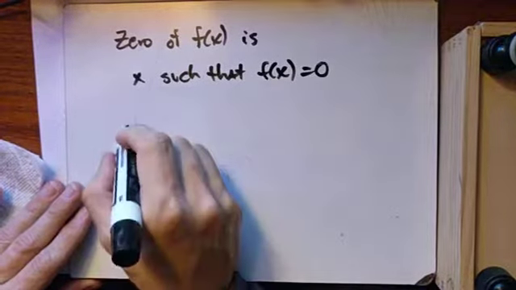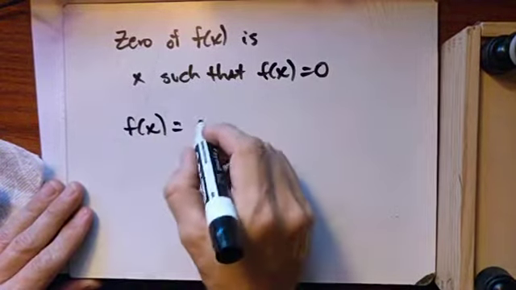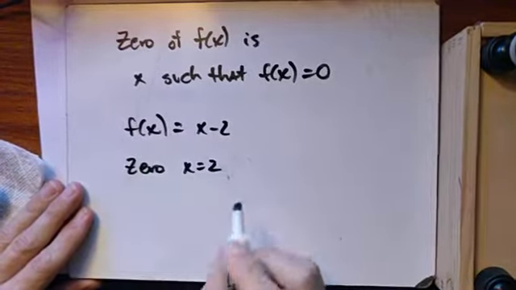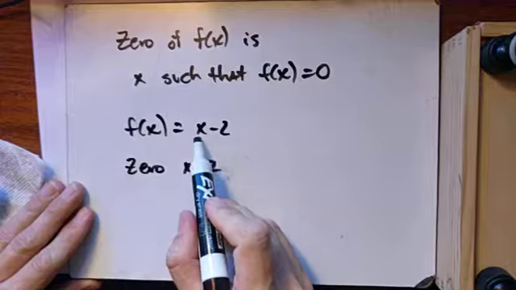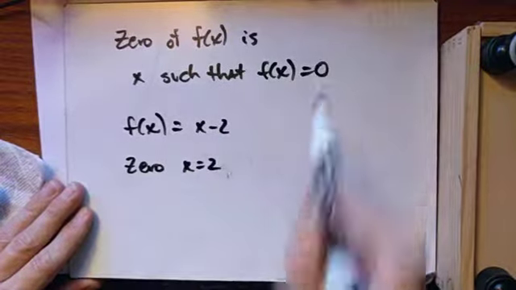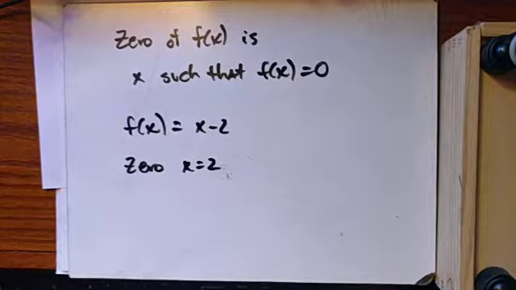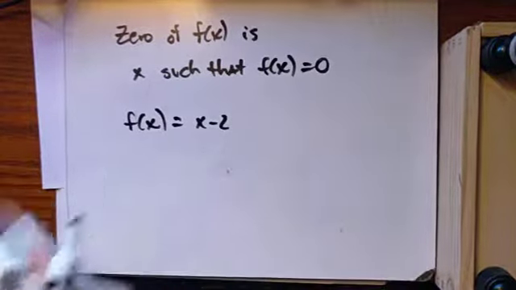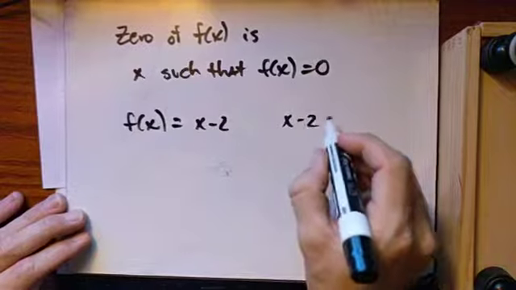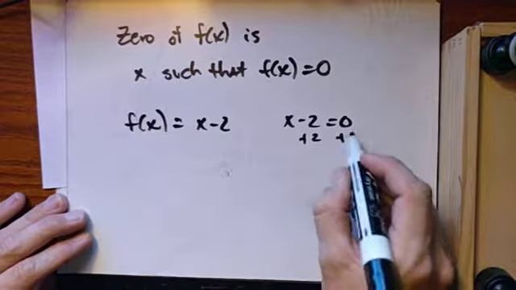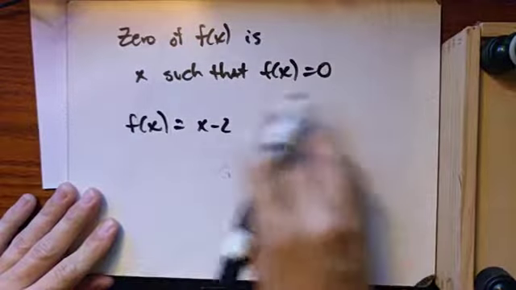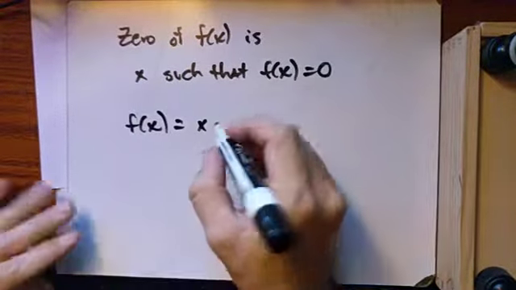So for example, if f of x is x minus 2, a 0 would be x equals 2, because 2, when plugged in, gives me 2 minus 2, which is 0, right? So it's pretty easy for linear functions to find that out. What you do is you say x minus 2 equals 0, and you add 2 to both sides, and that's pretty simple, right?